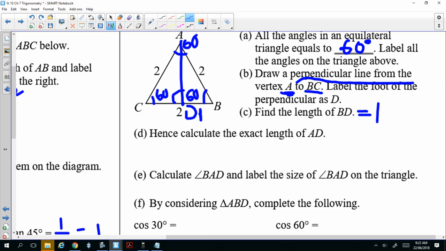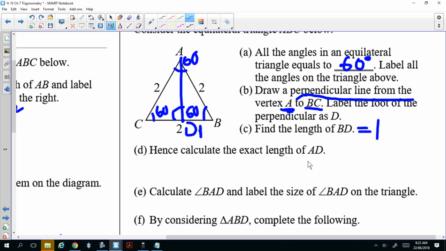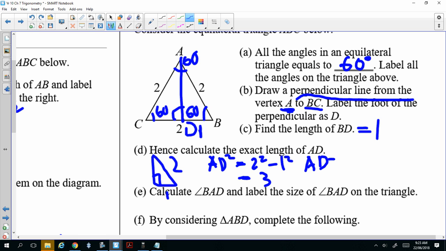Once you do that, we can find the length of AD. You can use Pythagoras, because we've got 2 there and 1 here. So write AD squared equals 2 squared minus 1 squared. 2 squared is 4, 4 minus 1 is 3. So the length of AD is exactly root 3.